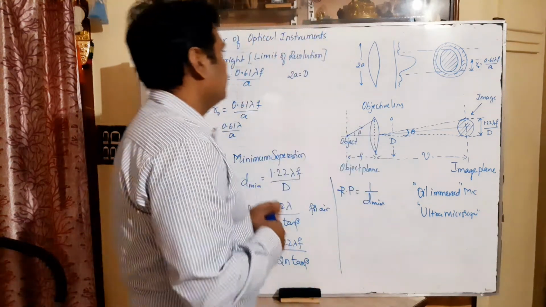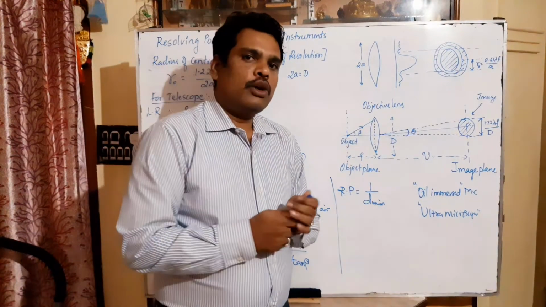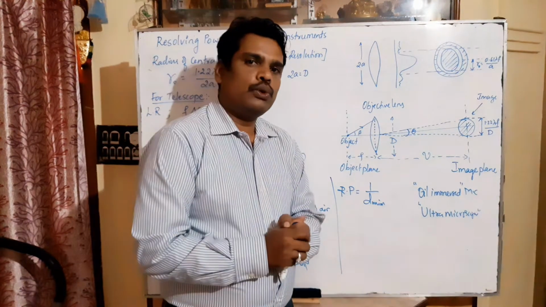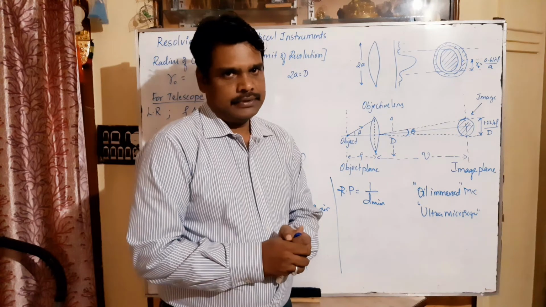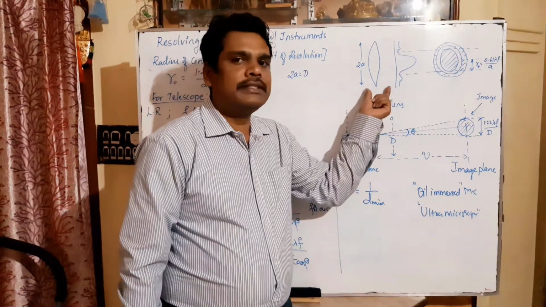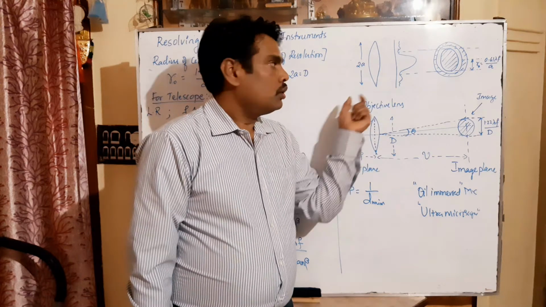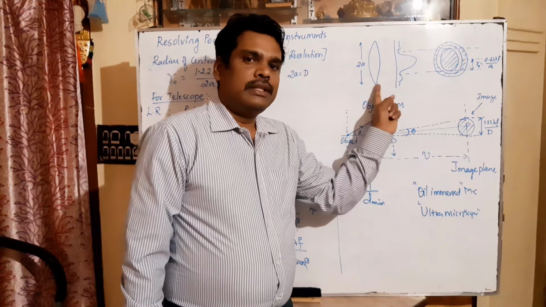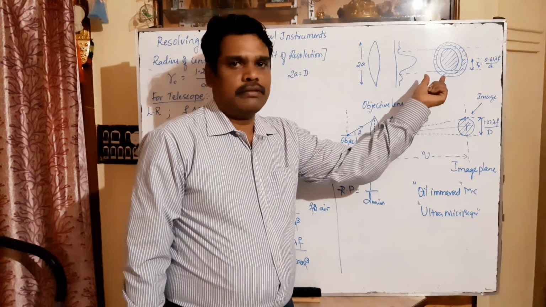If I consider optical instruments like the telescope and microscope, there we are using convex lenses. A convex lens is used as a converging lens. After a parallel beam of light passes through this lens, you will get a bright spot of light at the principal focus.